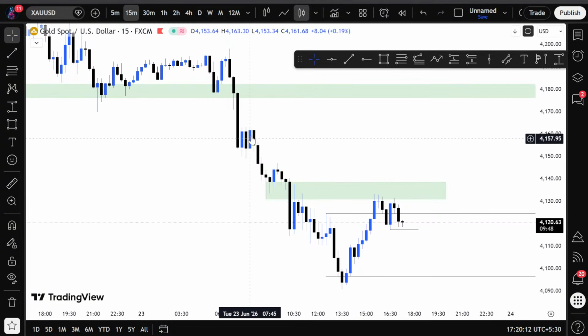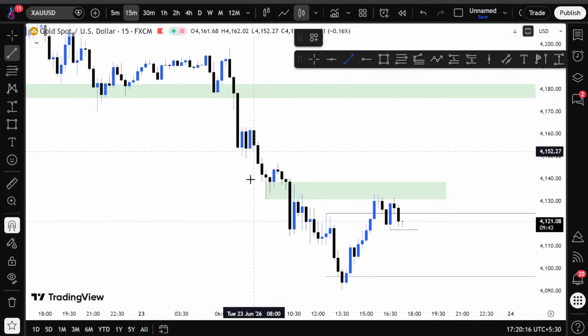This is not a valid retracement. There is no close above this high. This is just a range.